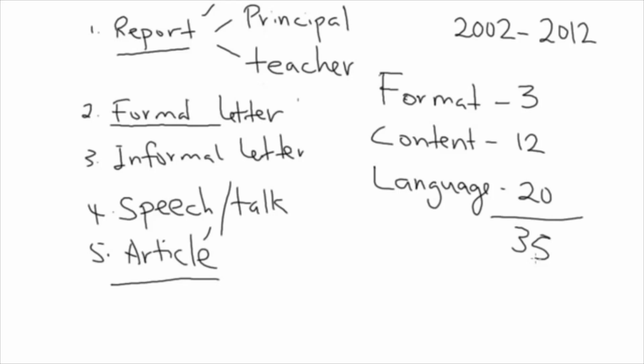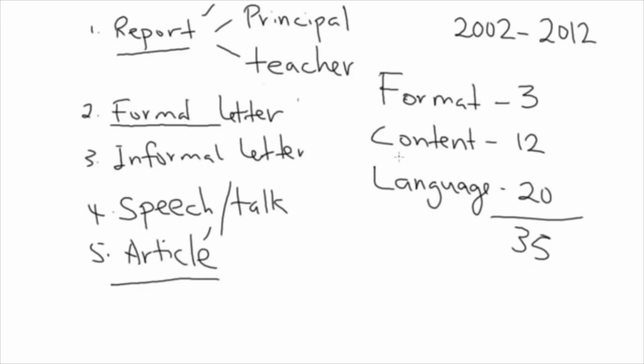I'll give you everything today. Content, for the past, I think 10 years or so, they will give you all the content points. If 12 content points are given, all you need to do is write out the content points. Sometimes they just string all the content points in one paragraph and they can get the full content marks. That's how it is marked.